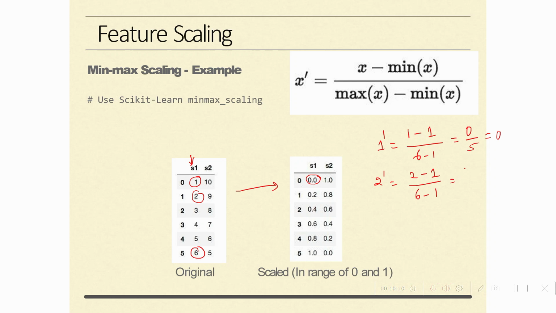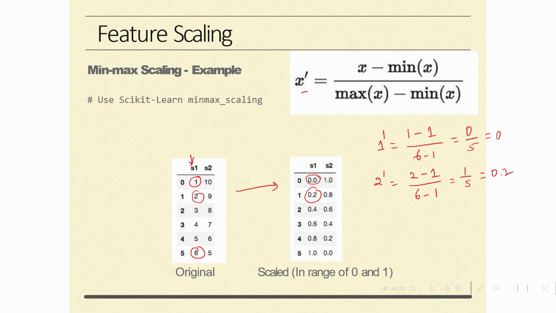That is 1 by 5, which is equal to 0.2. So the value 2 is replaced with 0.2. Like that we convert all the instances in the corresponding column into normalized form. That is min-max scaling. This is the formula: x dash equals x minus min of x divided by max of x minus min of x.